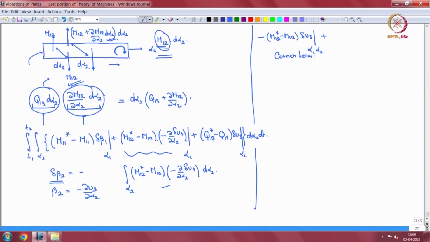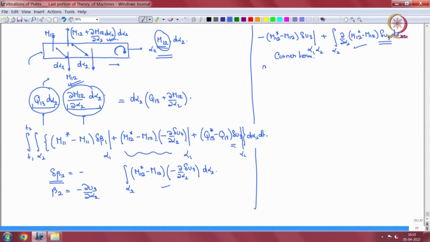Plus integral alpha 2 del alpha 2 of M12 star minus M12, delta U3 d alpha 2. Okay. So now if we combine this and this, because there is delta U3 here and delta U3 here, by combining, what do we get?